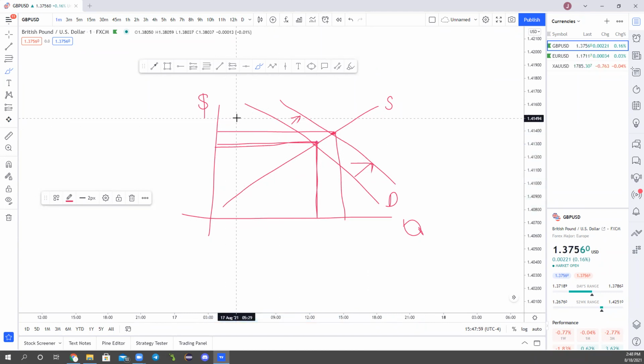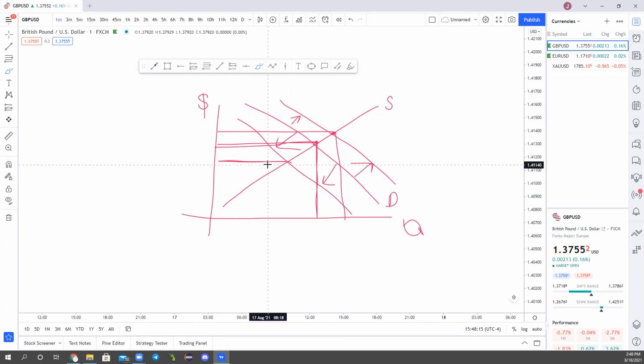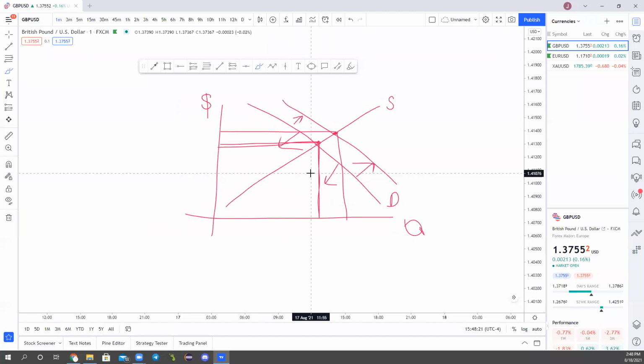Less demand, a shift this way, leads to less quantity and a lower price, right? So you can see how shifts in demand affect price and quantity. And again, be patient. You'll see where this all ties in.